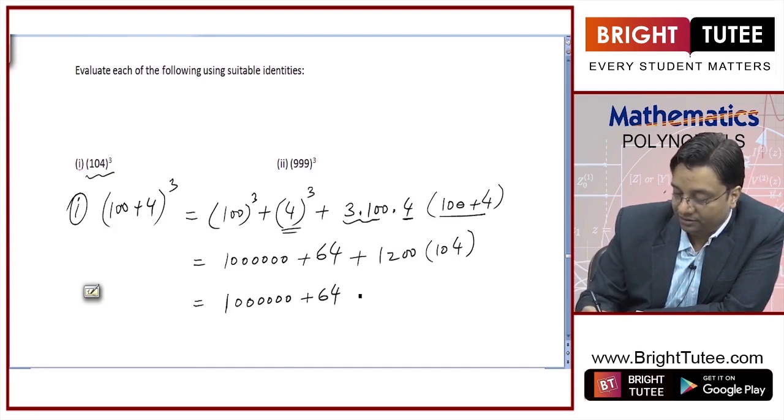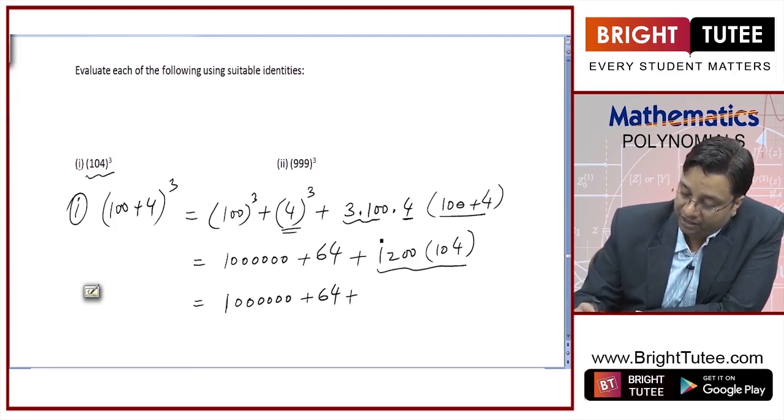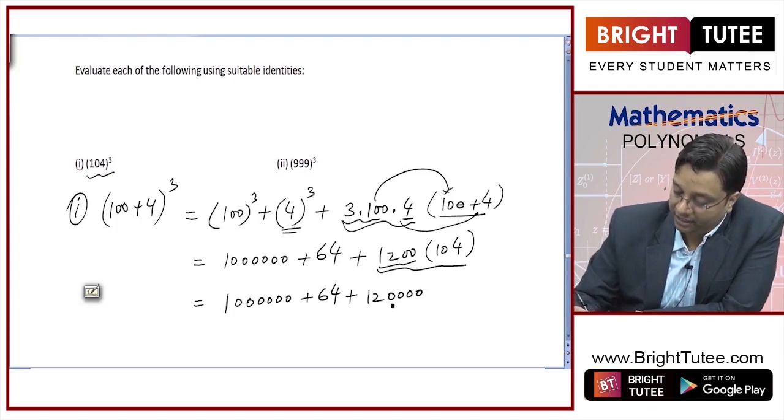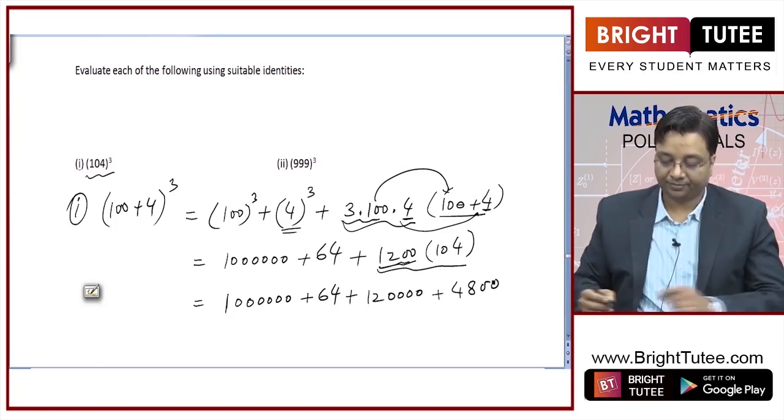plus 64 plus, you can multiply this separately, this into 100 and then this into 4. So 1200 into 100 will give me 1,20,000 and 1200 into 4 will give me 4,800.